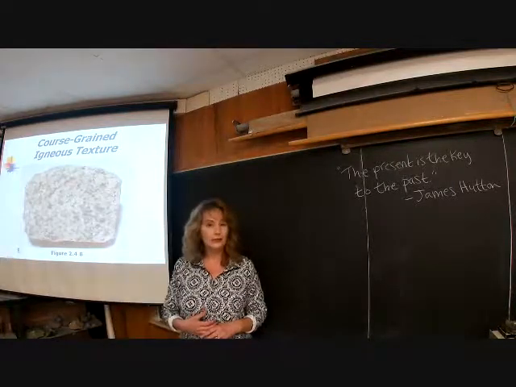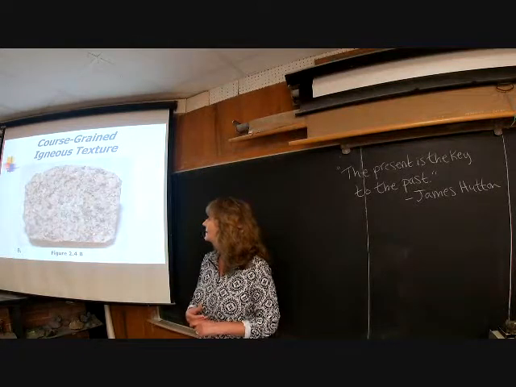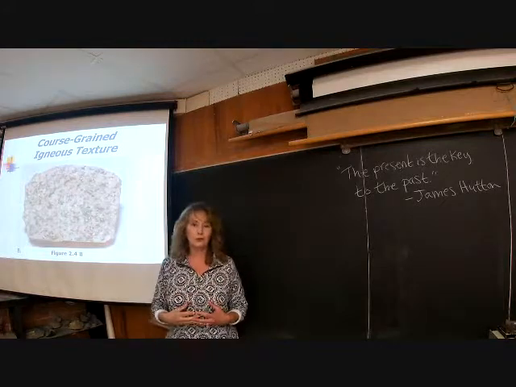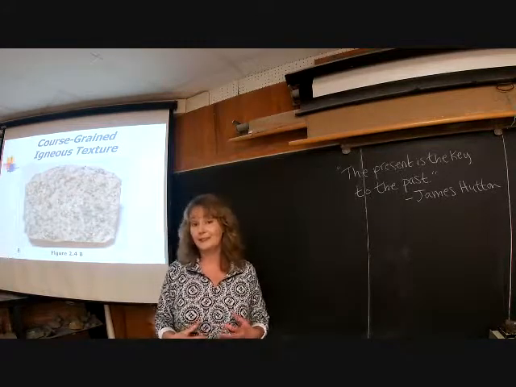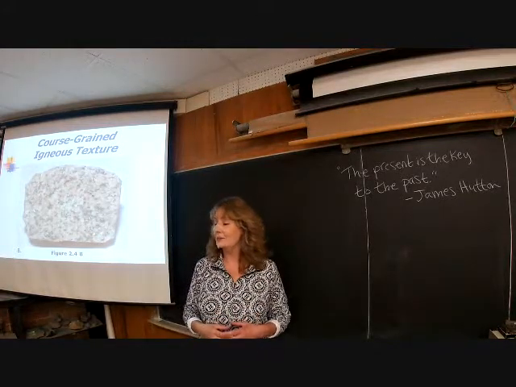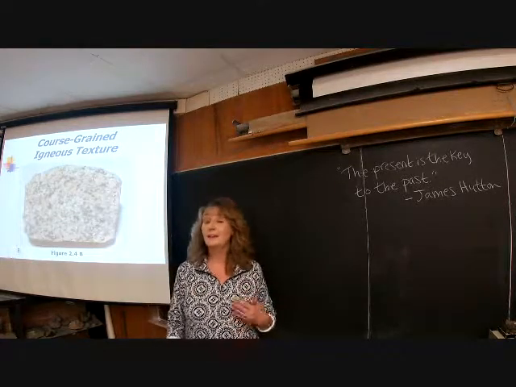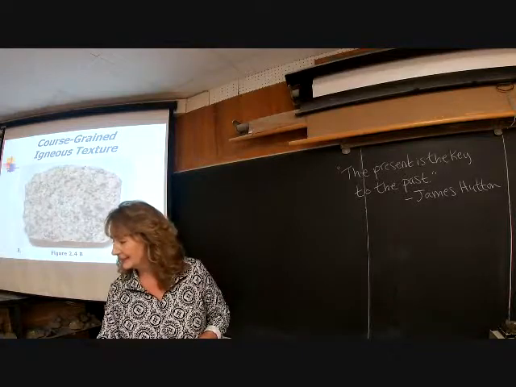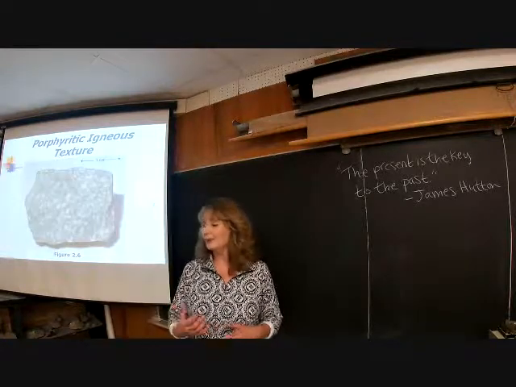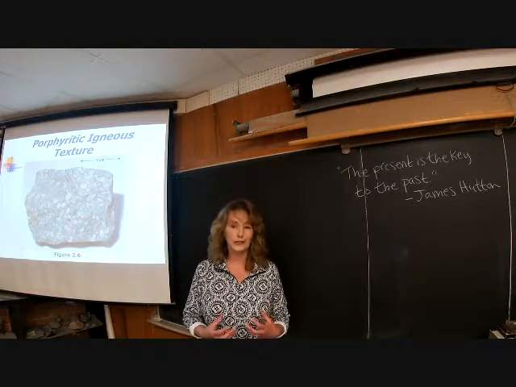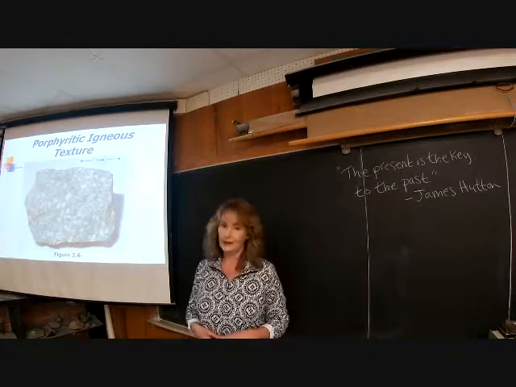Here's our piece of granite again. So you're really now able to pick out individual mineral crystals in there. You can see more of the composition of this, and a coarse grained texture, and that was called the phaneritic texture. Here's the porphyritic. I showed you that piece of andesite that had 2 contrasting types of cooling rates.